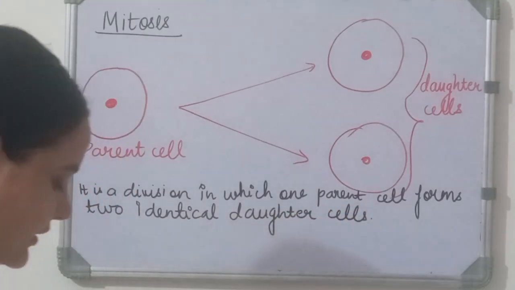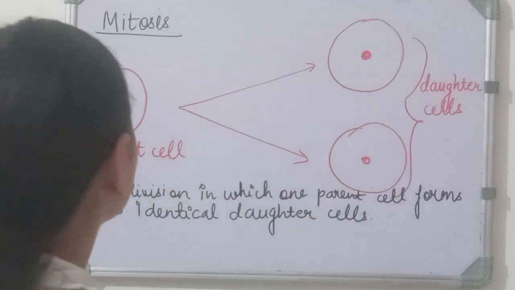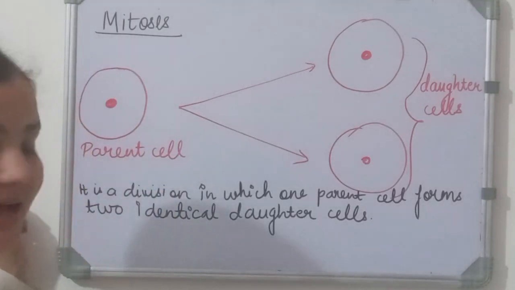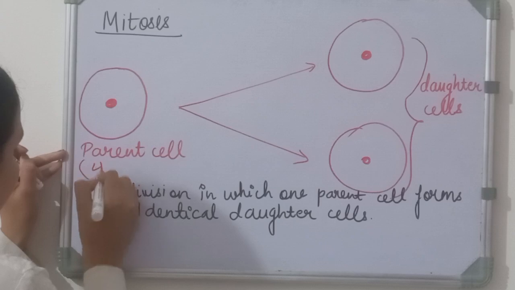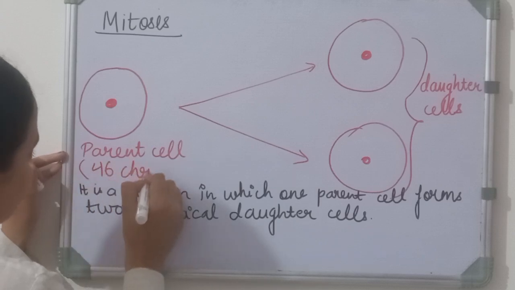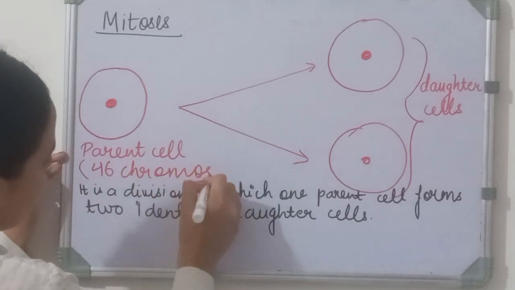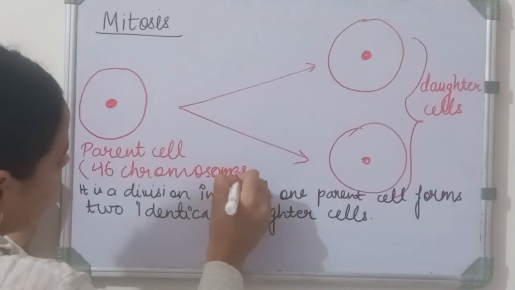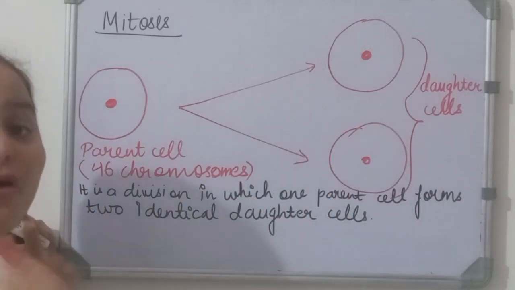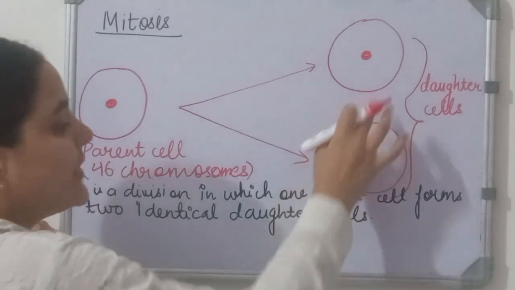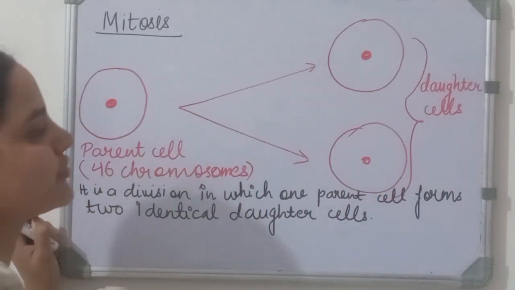Okay, now let's see the next point. This parent cell has 46 chromosomes, and the daughter cells also have 46 chromosomes. Each daughter cell has 46 chromosomes.